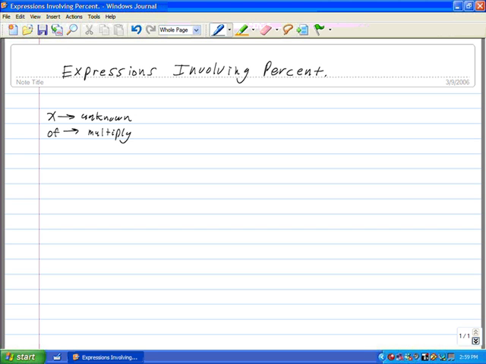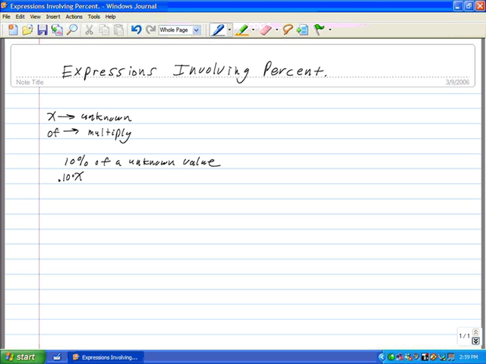When we put our percentages into our expression or into our equation, the percentage is going to have to go in a decimal form. For example, if we were looking at an unknown value x, then if we were talking about something like 10% of an unknown value, then the expression that would describe that would be 0.10 times x.